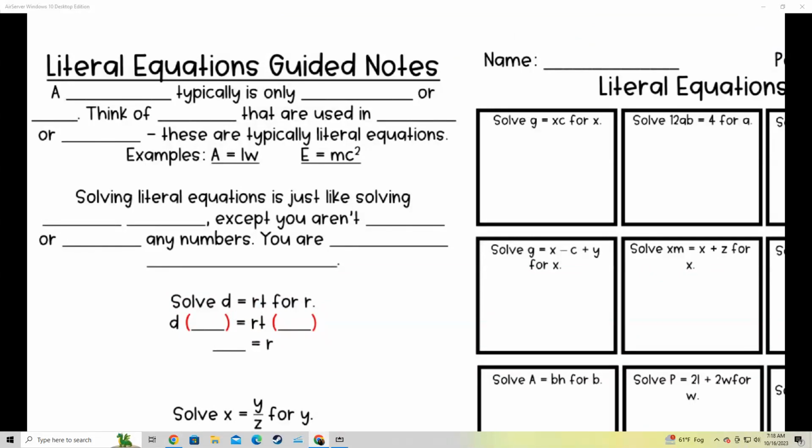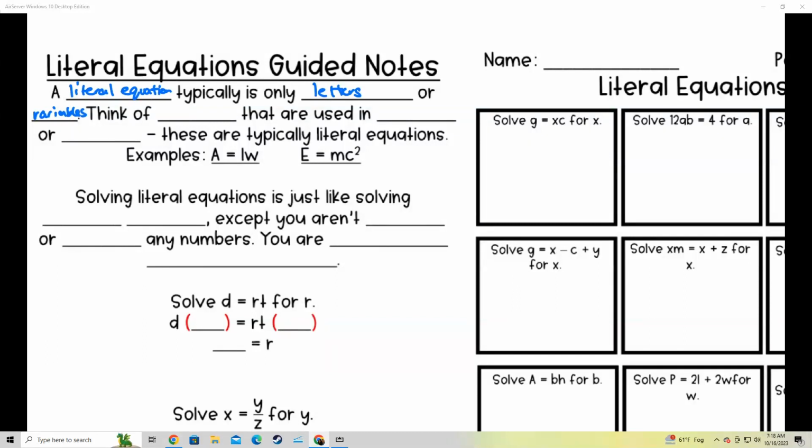So it says literal equation guided notes. A literal equation typically is only letters or variables. This is going to be a little bit different from what you're used to because there's not going to be as many numbers.